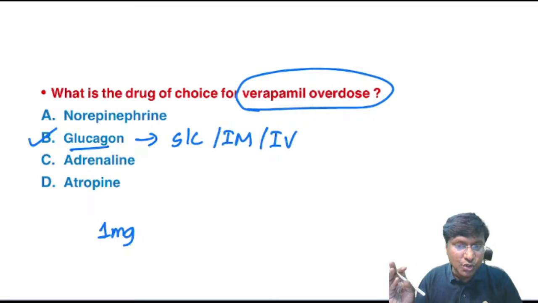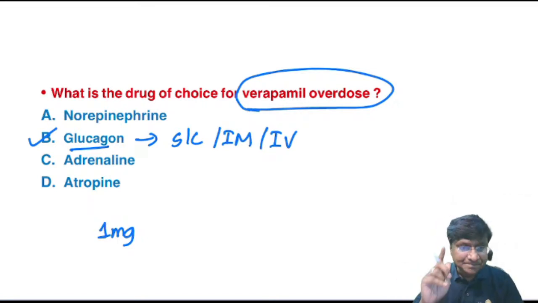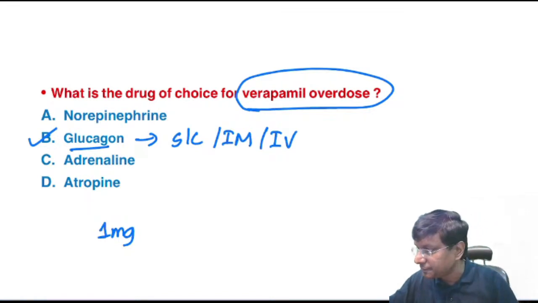So that is the story of verapamil overdose. Please remember, for beta blocker overdose as well as calcium channel blocker overdose like verapamil, the drug of choice will be glucagon. This is a very important point.